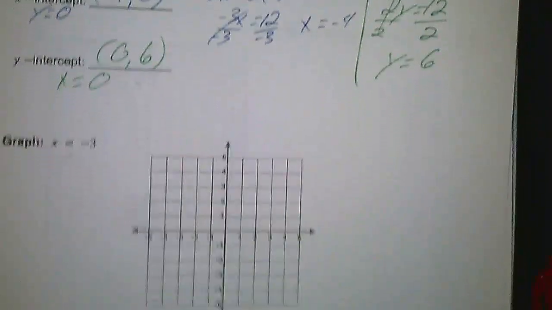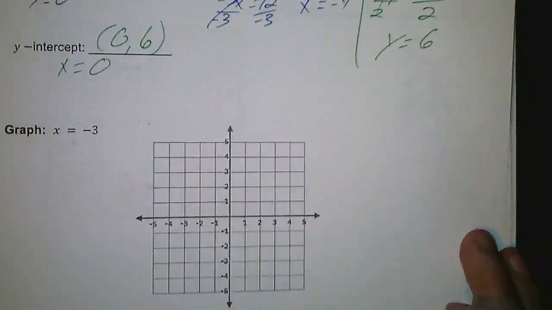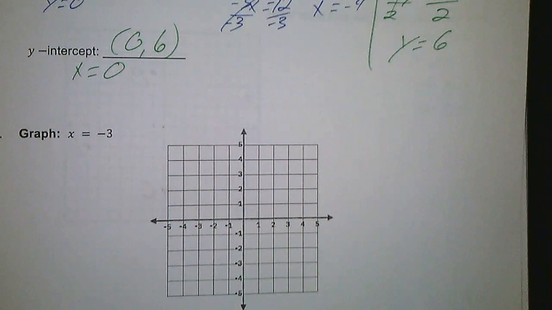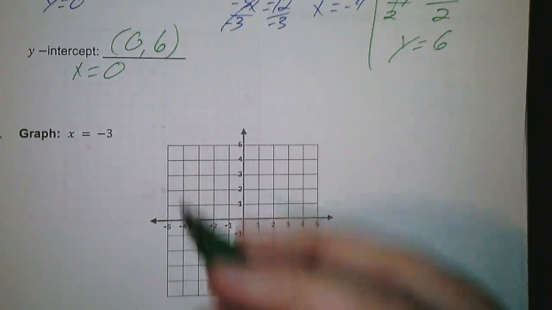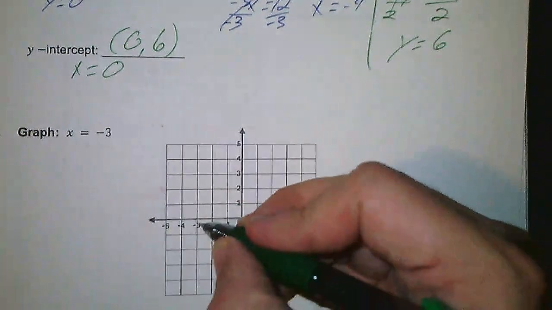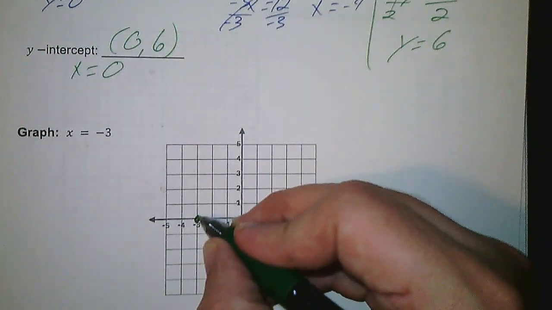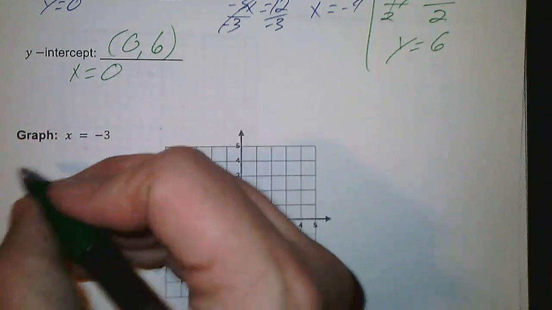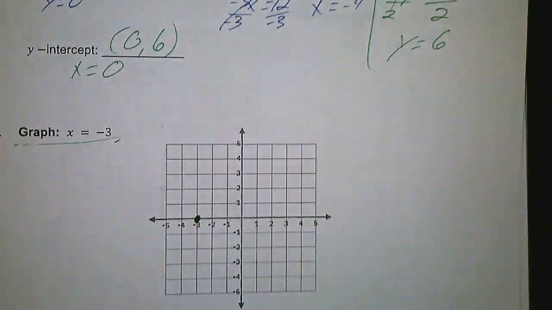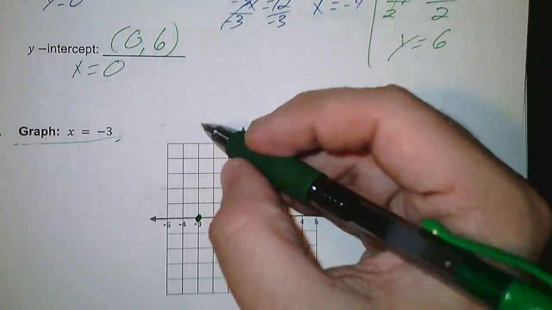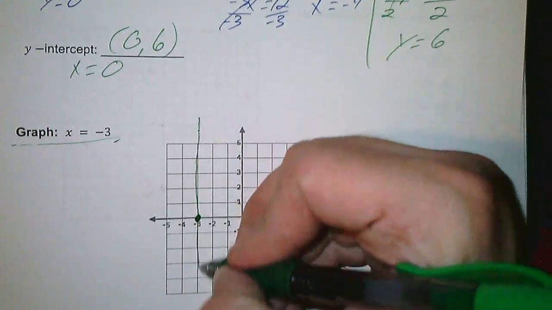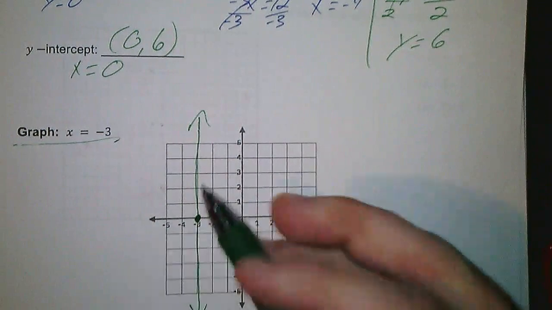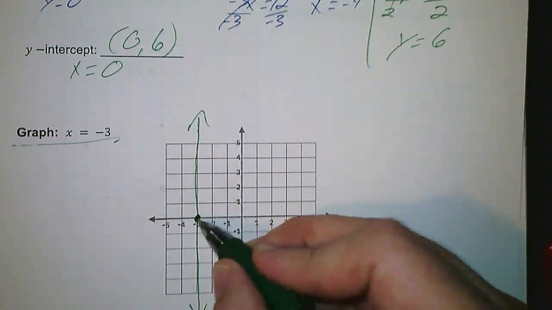And now we look at the x equals graph and the y equals graph. Students will make a mistake here and just put a point at x equals negative 3. We're making a graph. So for an x equals equation, you don't have to put a dot.